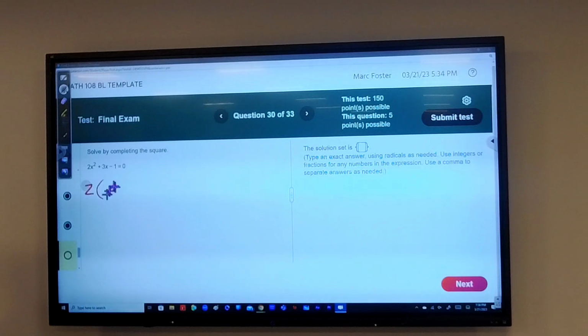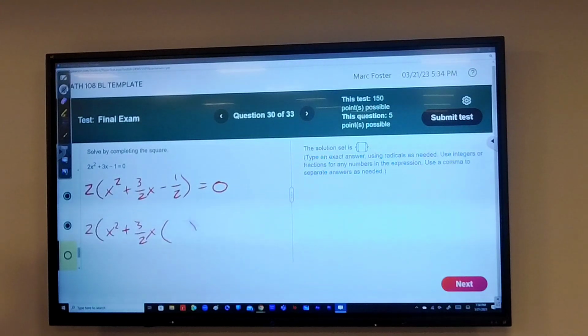So the 2 has to factor out. You get x squared plus 3/2 x minus 1/2 is equal to 0. And then I'm going to look at this number in the middle, which is the 3/2. And I want half of that number squared.